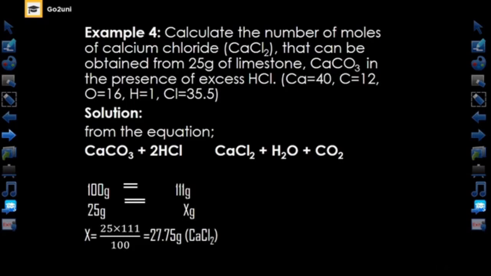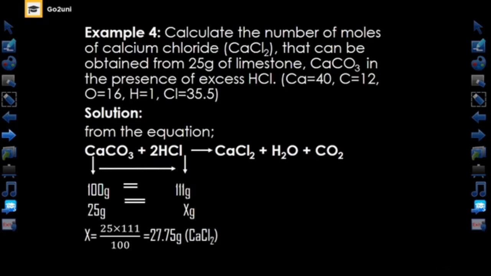Limestone is CaCO3, in the presence of excess HCl. Now, looking at that question, we have been given their relative atomic masses. So you can see that we are most interested in two species, and the equation for the reaction is being provided.